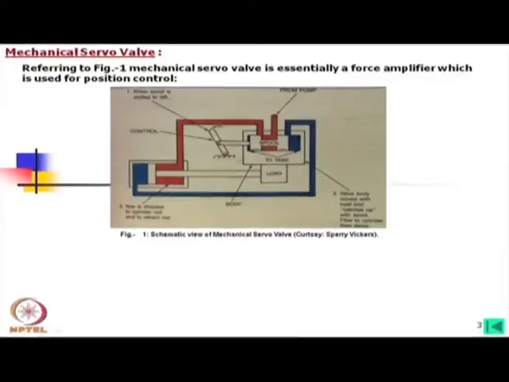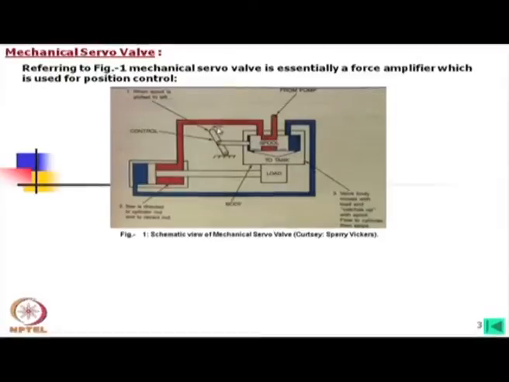Now, this valve we may consider an ordinary directional control valve, but this valve can also be used as a mechanical servo valve. How? It is like that.